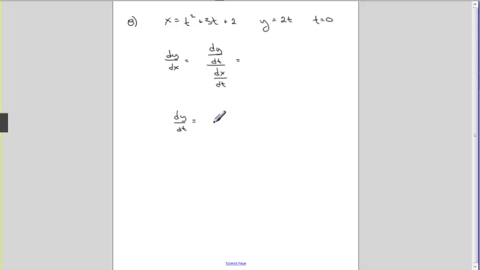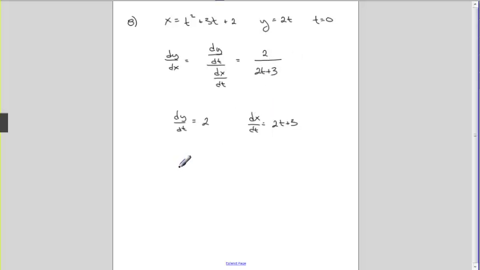Well, y is 2t, so the derivative with respect to t is just 2. And for dx/dt, we take the parametric equation here, and we get 2t plus 3. So the slope at any point in the time parameter t is the ratio of dy/dt, which is 2, divided by 2t plus 3, which is dx/dt.